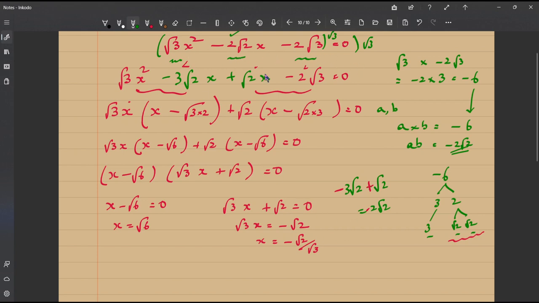But what would happen to our middle term? This becomes root 3 into root 3, which is 3x squared, minus 2 root 2 into root 3, which is root 6 x, minus 2 root 3 into root 3, which gives minus 6, is equal to 0.